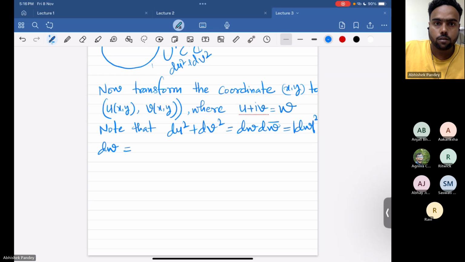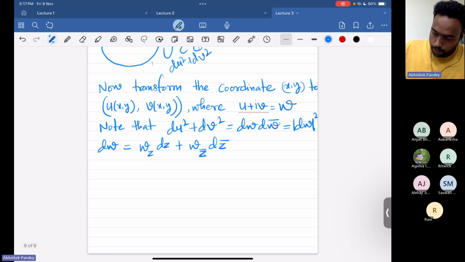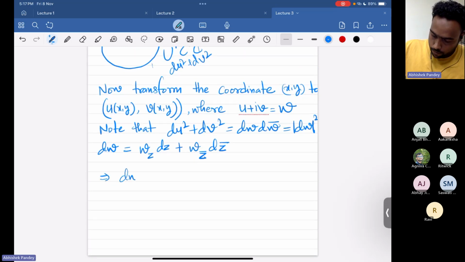It is del w by del x dx plus del w by del y dy, or in z and z bar, dw is w_z dz plus w_z bar dz bar.